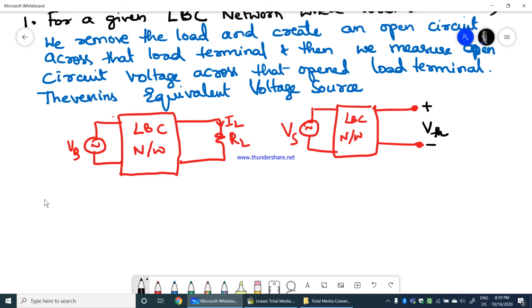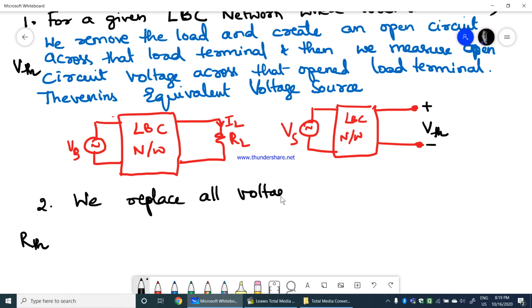Now step 2. So this is step 1 where you find VTH. Step 2 is to find RTH, Thevenin's equivalent resistance. So what we do here, we replace all voltage sources. Let me comment here, only independent voltage sources. Dependent sources will not hold this idea, whatever we are telling you now.